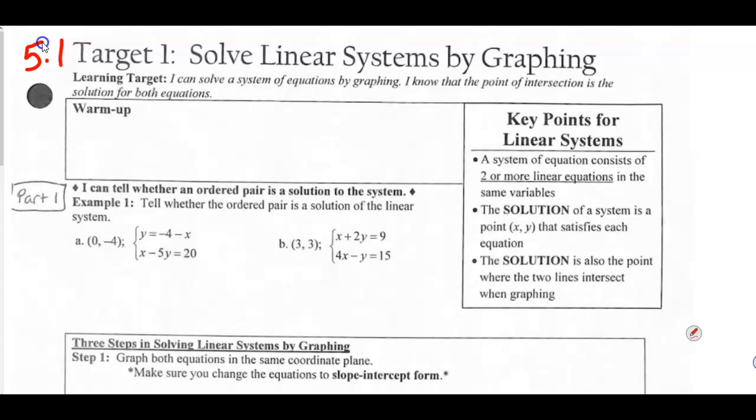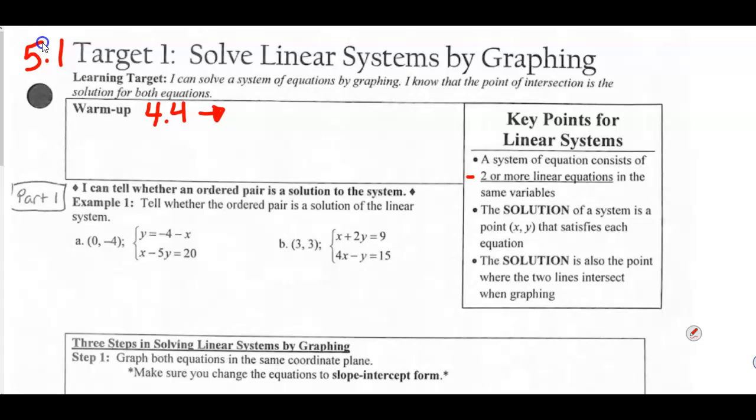So going back, we had done 4.4, which we graphed in slope-intercept form. And so this would be what we are doing. However, now we're going to do systems, which a key point for a system is you have two or more linear equations.